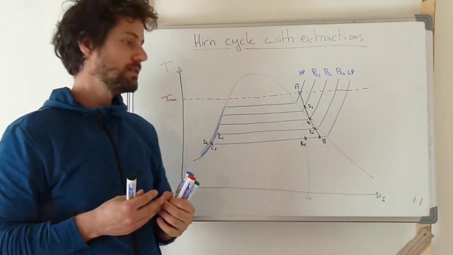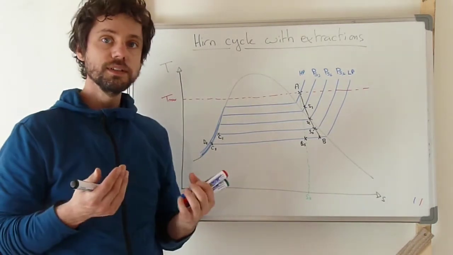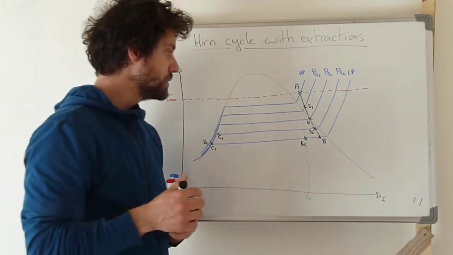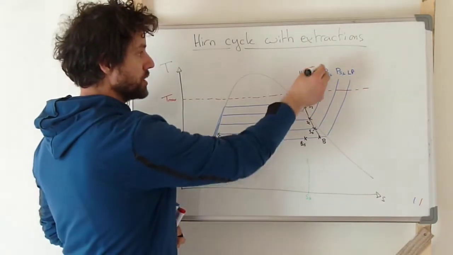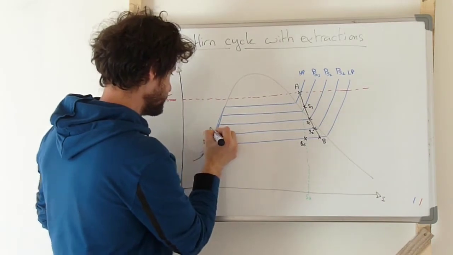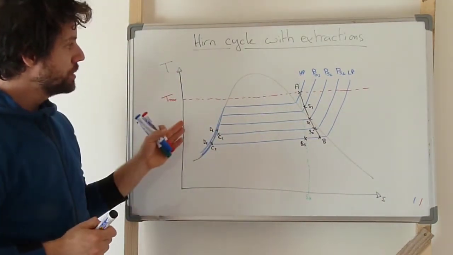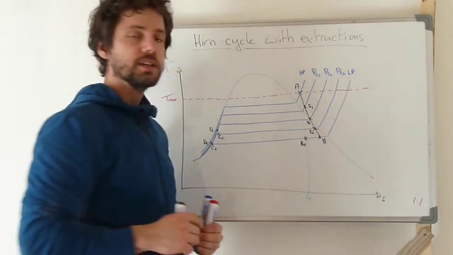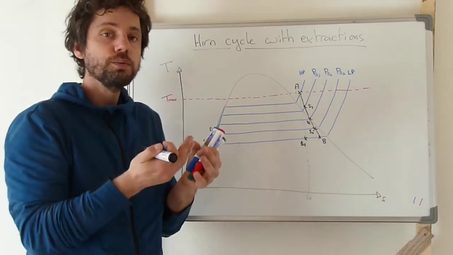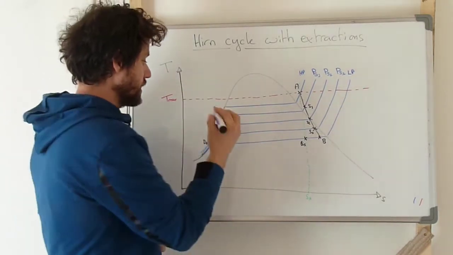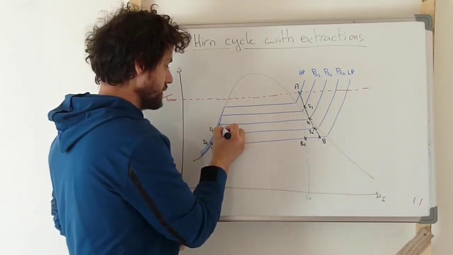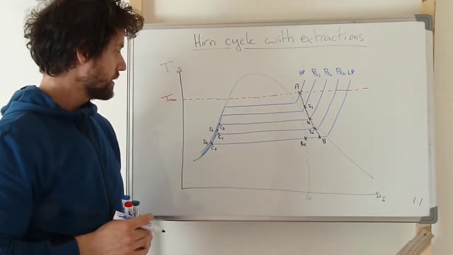Then the pressure is increased using the second pump from C2 to D2, and D2 will be at the pressure PS2, and so D2 will be somewhere there. D2 will be mixed with the second extraction S2, and once again the mixture point will be much closer to D2, and for example we can consider that this mixture point, called C3, is somewhere there.